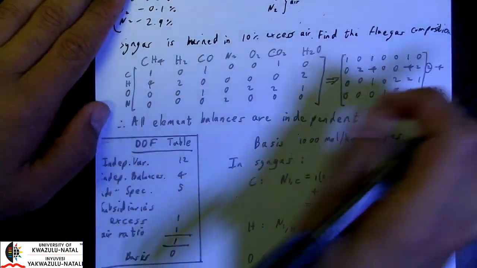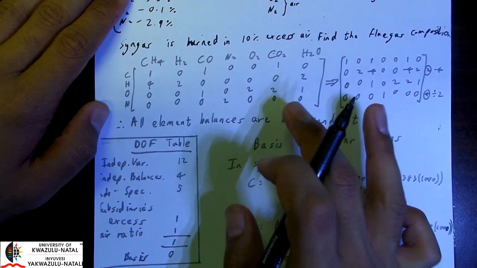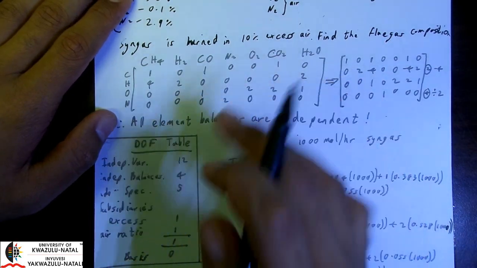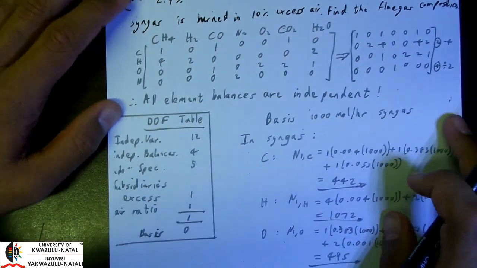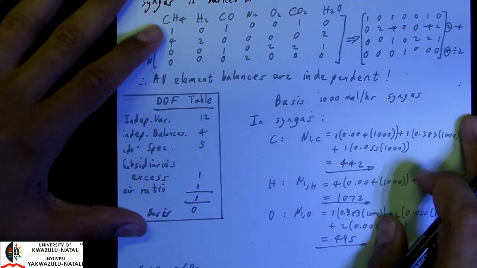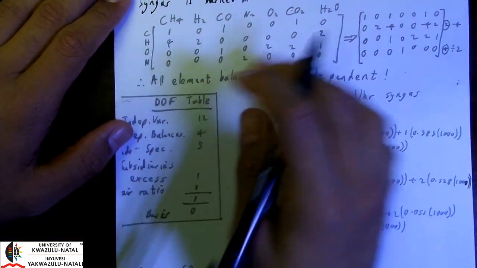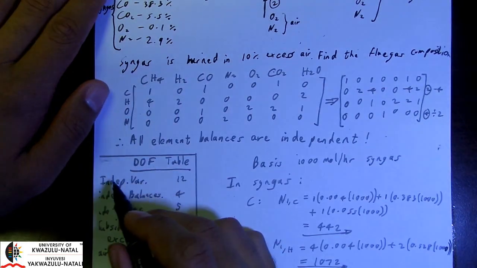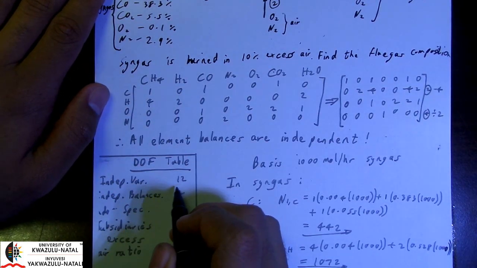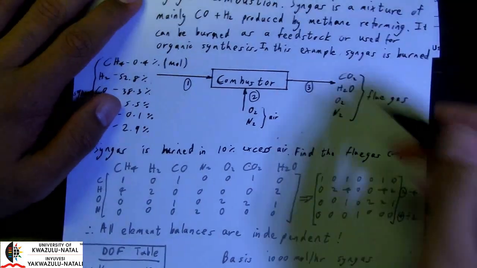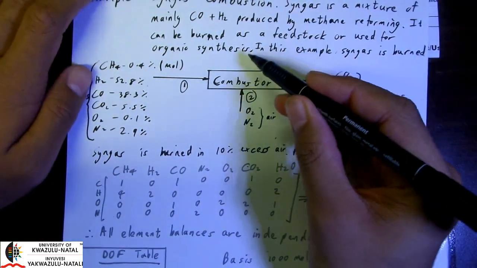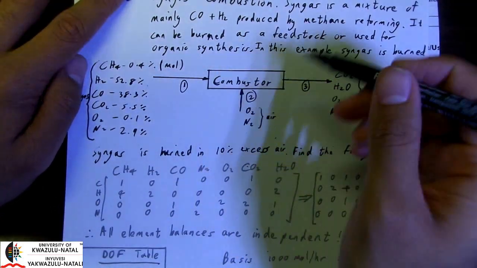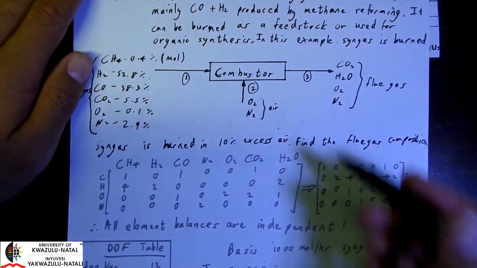Okay, so now once we've established our element balance independence, then we can draw up our degree of freedom table. Okay, and here's my degree of freedom table. Let's count the number of independent variables. Remember that although this is a combustor, we don't really know what the reactions are, and we are conducting an element balance, so we don't have to worry about that either.